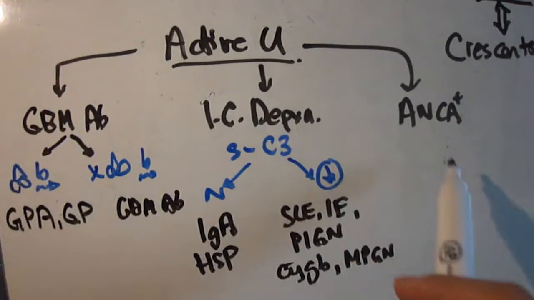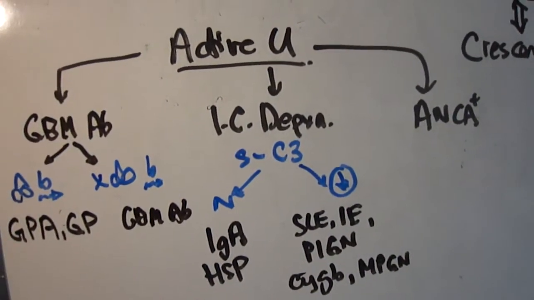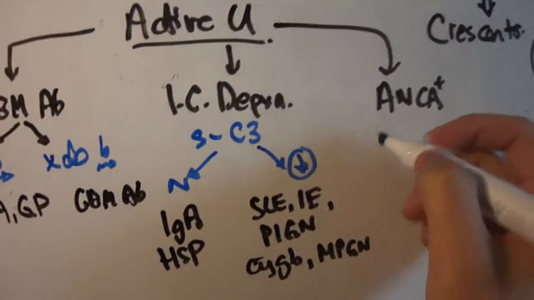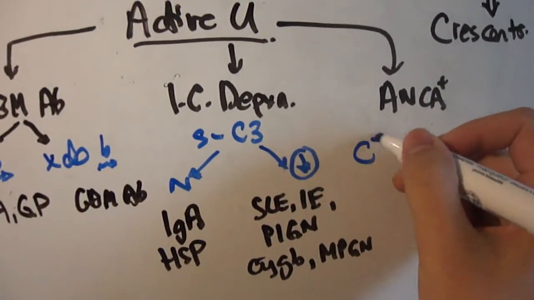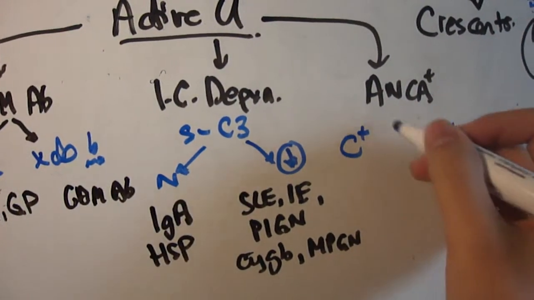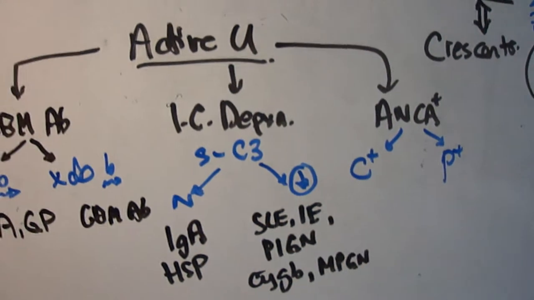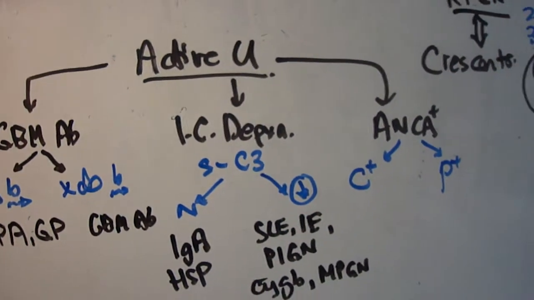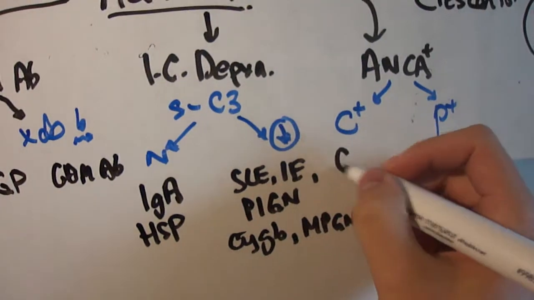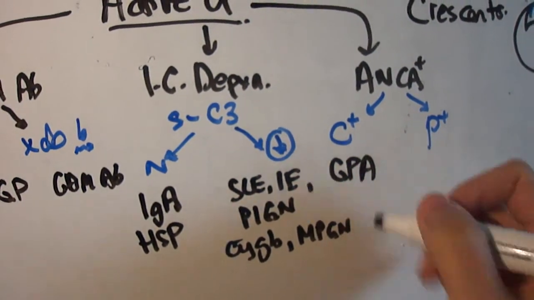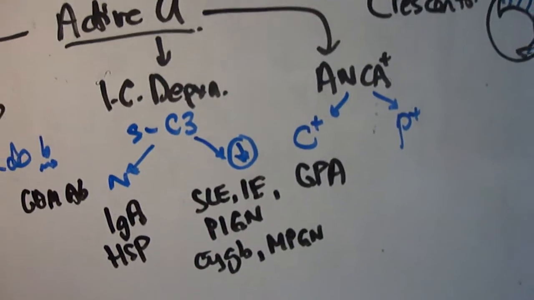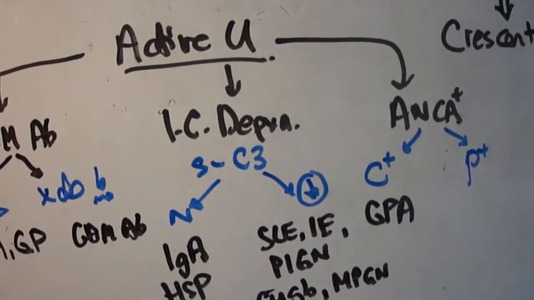So now we're going to move on to the ANCA diseases. With ANCA, you're going to look to see if they are C ANCA positive or P ANCA positive. If they're C ANCA positive, there's only one thing that we need to know that will do this, and that is your granulomatosis with polyangiitis, aka Wegener's.